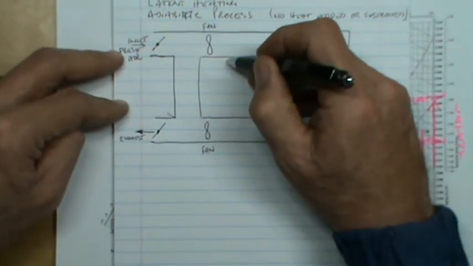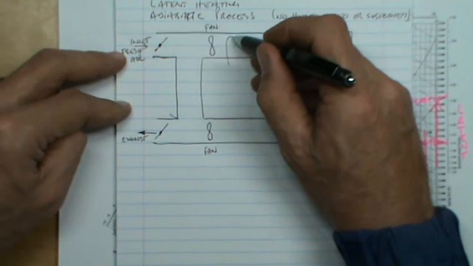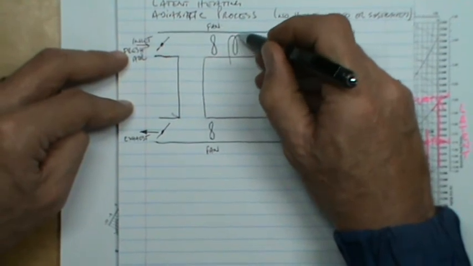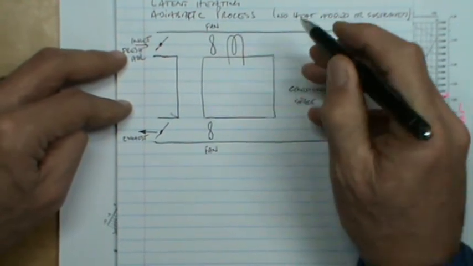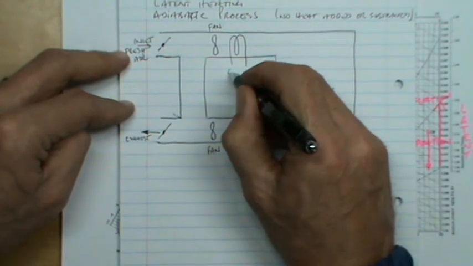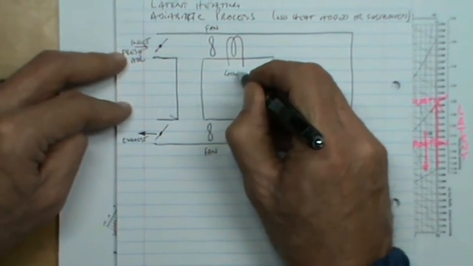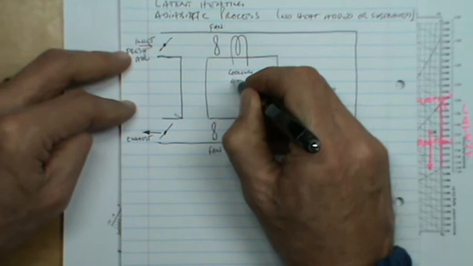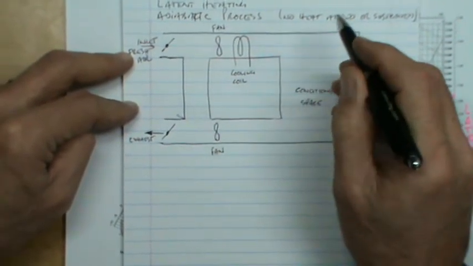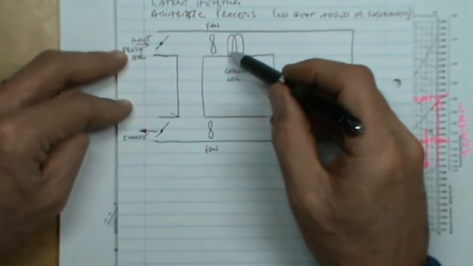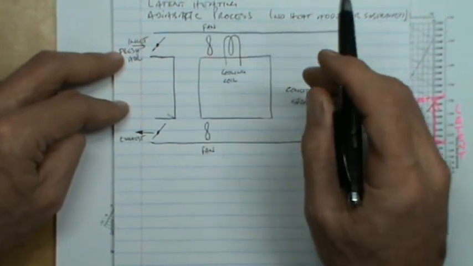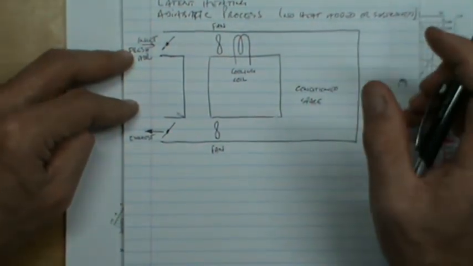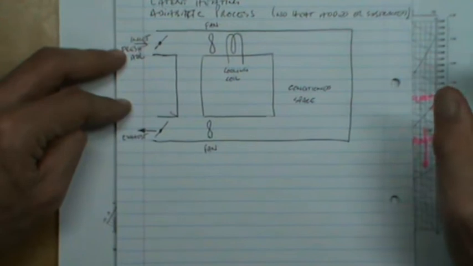The next thing we're going to have is the coil. Now this cooling coil is fed with a lot of cold water. Remember, I dealt with primary and secondary refrigerants the other day.